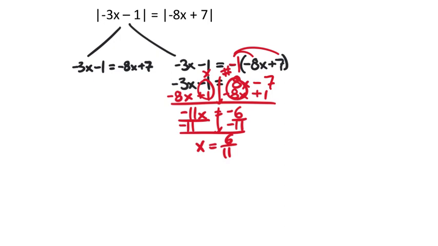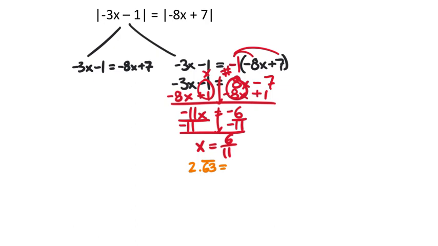On the left side, I've got negative 3 times 6/11 minus 1, enter, and my calculator gives me negative 2.63 repeating. Okay, now that was the left side of the equation, so I'm going to try the right side. Oh, but that was absolute value, so actually it was a positive in the end.